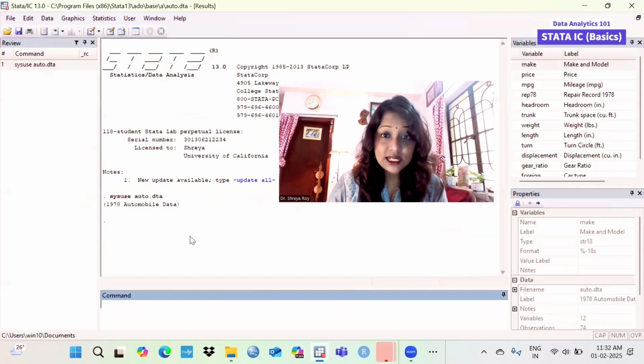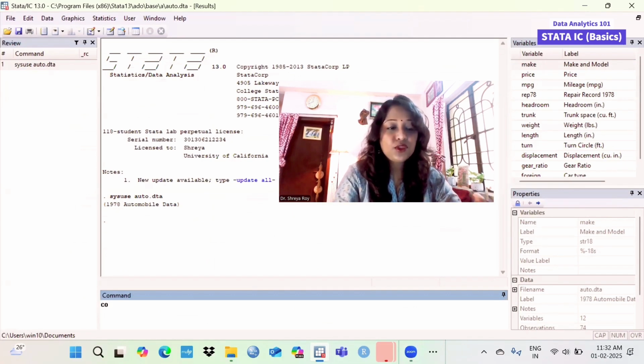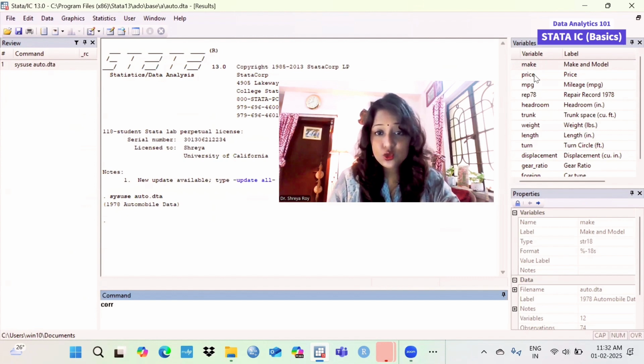So let's understand quickly. The most simple way of doing it is CORR, select two variables. Correlation is basically the relationship between two variables. If you are trying to calculate a correlation using only one variable, that is basically gibberish in statistical terms. Hence, you need two variables.